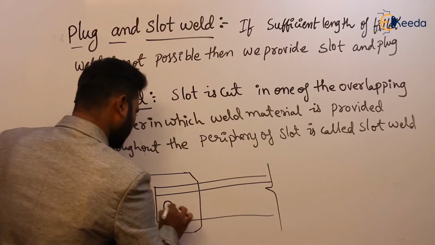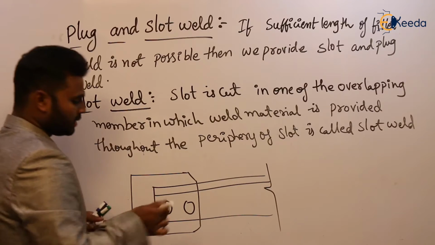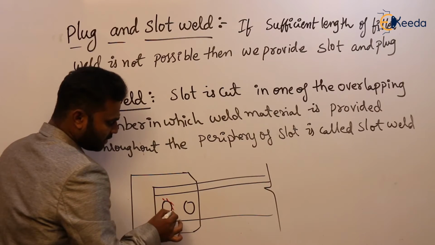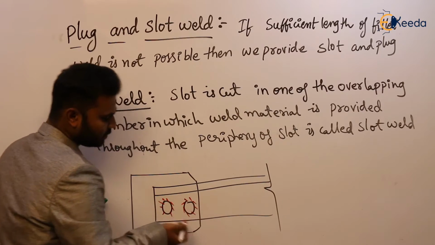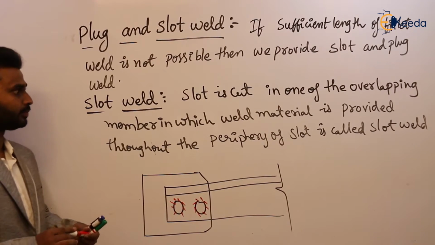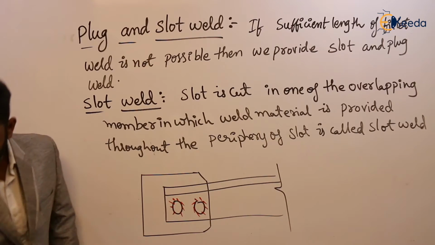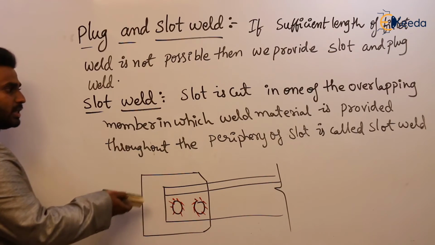Like this we have made two slots. So if this slot is welded at the circumference, then it is known as slot weld. Okay, this is slot weld, and next let us see plug weld.